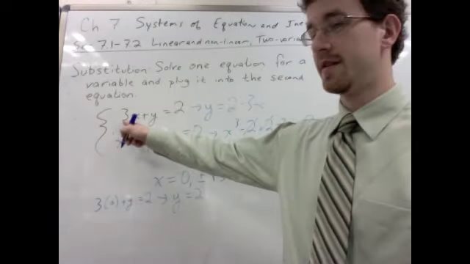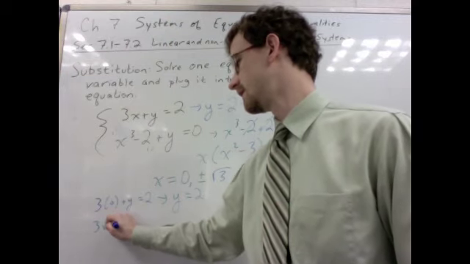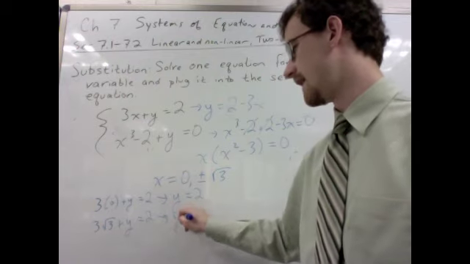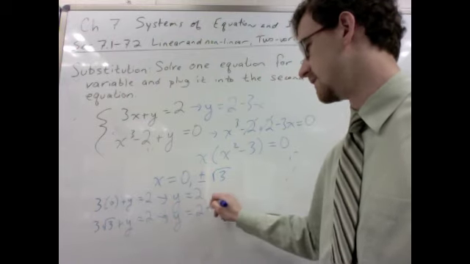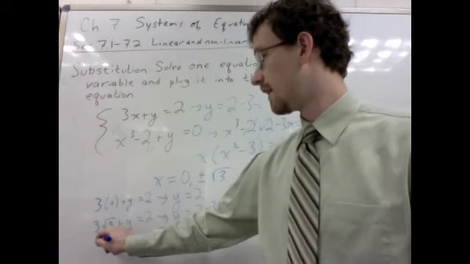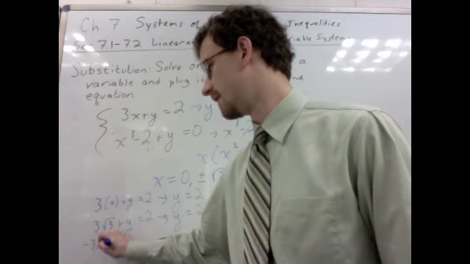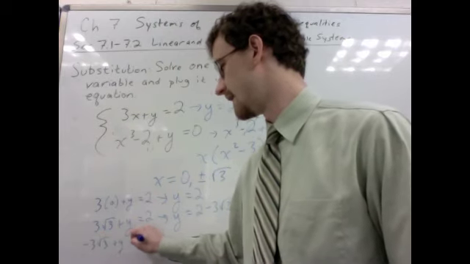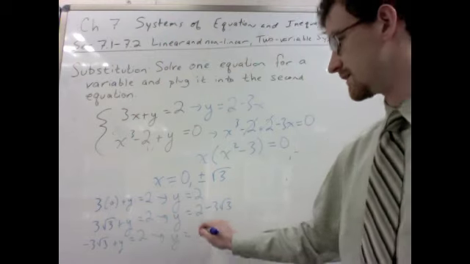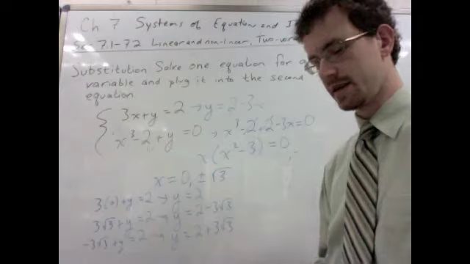We have 3 root 3 plus y equals 2, which gives us y equals 2 minus 3 root 3. And for the negative root 3, we have negative 3 root 3 plus y equals 2. So y equals 2 plus 3 root 3.